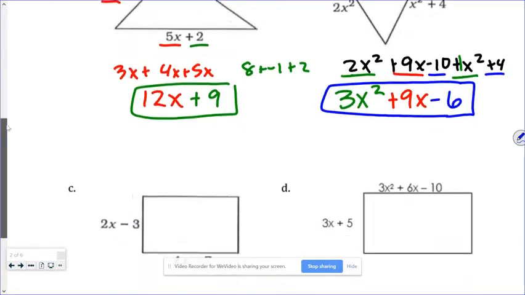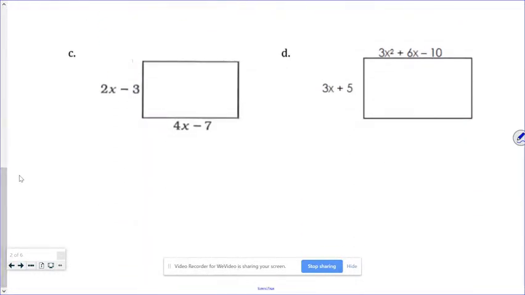Let's go down here. Perimeter for these rectangles. We've done this before, so you might remember, oh yeah, this side here is the same as the side directly across from it. So I have 4x minus 7 and then 2x minus 3 over here. Okay, so I'm going to add everything up. You pick which way works for you.